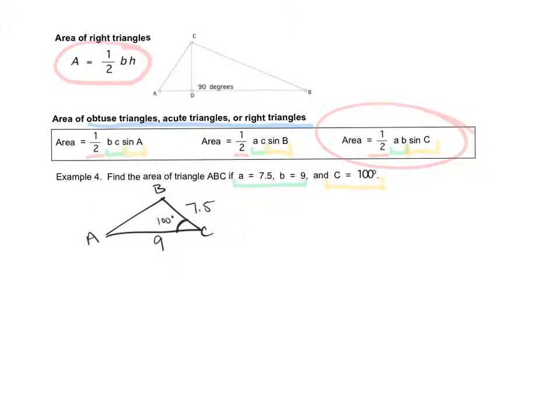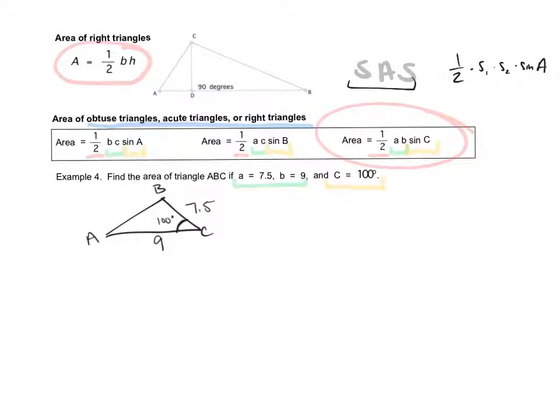But really, as long as you remember that this needs to be side, angle, side, where we know the angle in between the sides, that we are going to end up using the equation 1/2 times side 1 times side 2 times the sine of the angle in between. So this only works for side, angle, side, which we have in example 4.